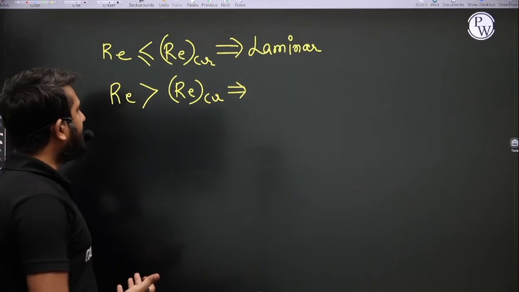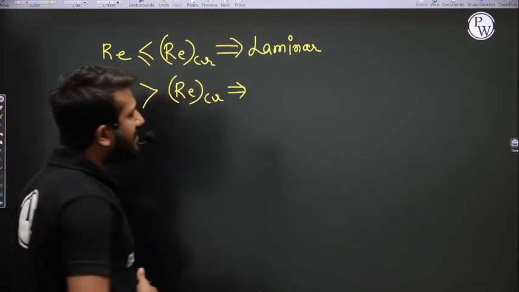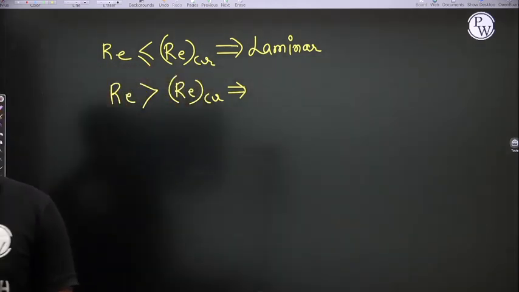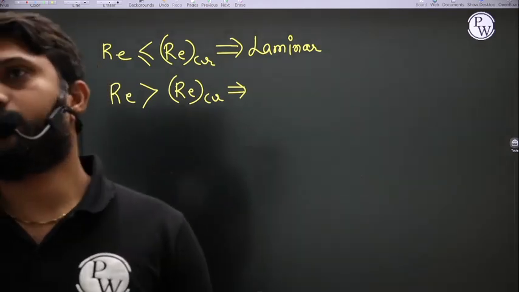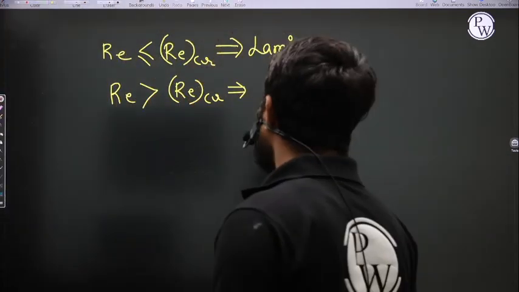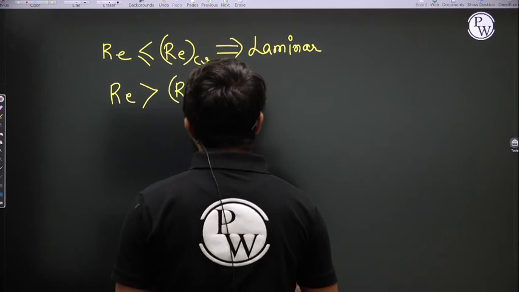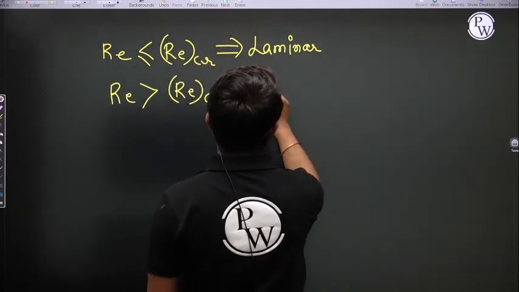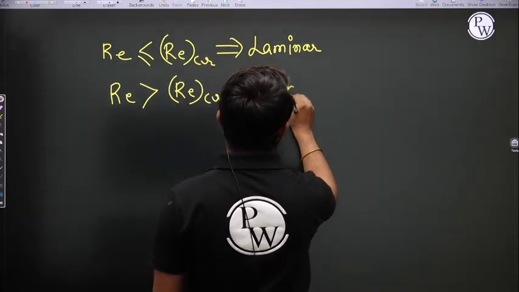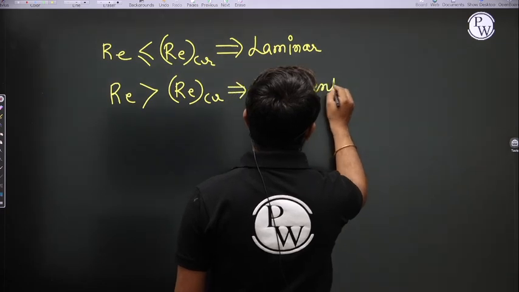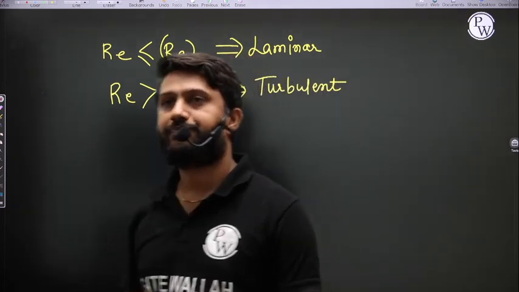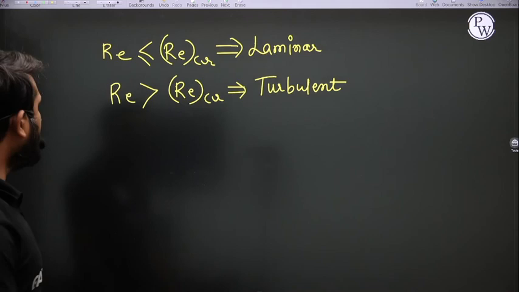So I say if the Reynolds number is less than or equal to the critical Reynolds number, then flow is laminar, and if the Reynolds number is greater than the critical Reynolds number, then the flow is turbulent.